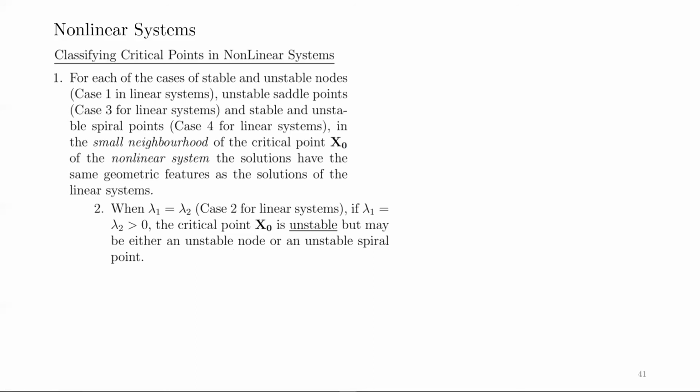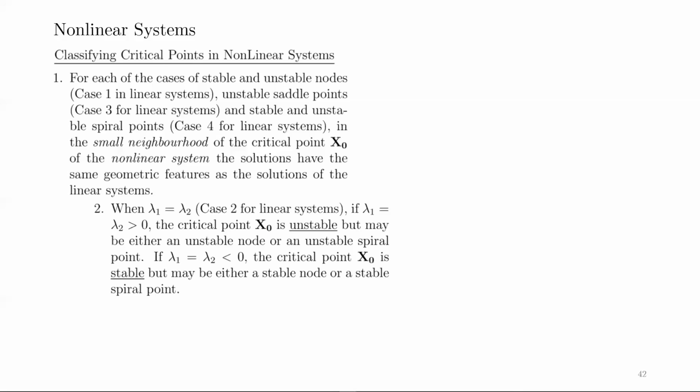Basically, the reason we can't determine between those two cases is because we lose a little bit of information due to the Taylor expansion, the fact that we were throwing away those higher order terms. If the repeated eigenvalues are less than 0, then the critical point is stable, but it could be either a stable node or a stable spiral point. And again, for the same reason, we just lose a little bit of information by throwing away those higher order terms. So that linearization allows us to classify the critical point, but we can't fully classify it.